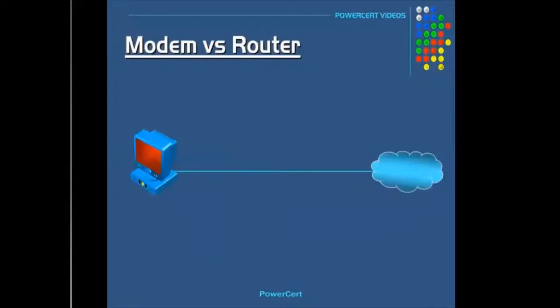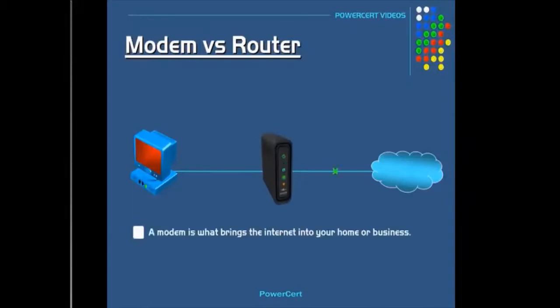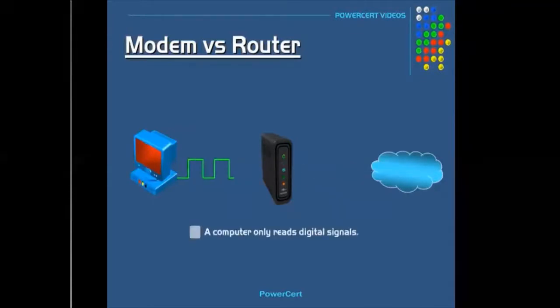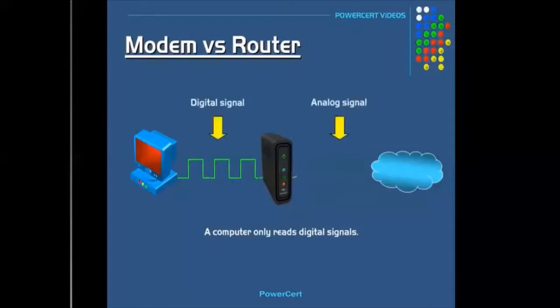Now, if you want internet inside your home or business, you have to have a modem is what brings you to your home or business. A modem establishes and maintains dedicated your internet service provider to give you access to the internet. Now, the reason why you have to have a modem is because different types of signals are used on a computer and on the internet. A computer only reads digital signals, while signals out on the internet are analog.